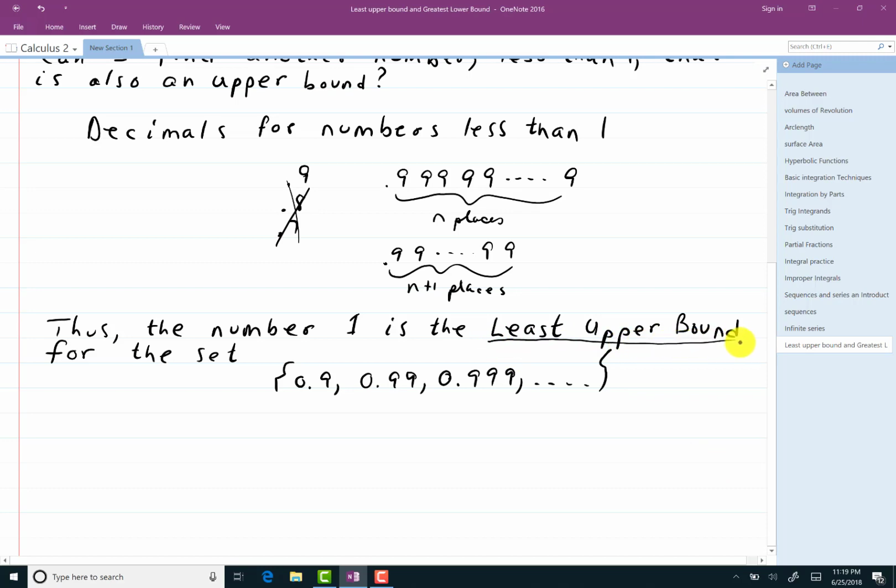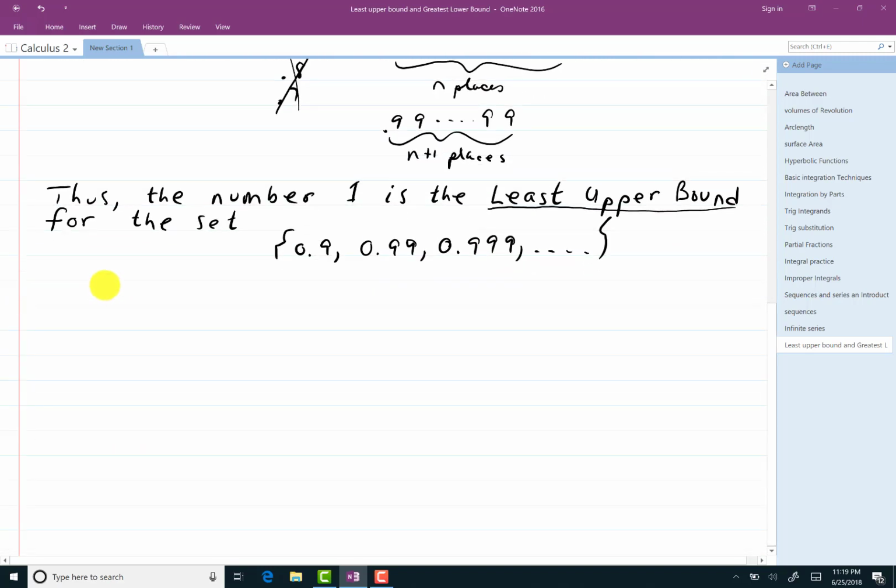So let me define some things, and then we'll go on with this. You might have remembered also that this here, 1, happens to be the limit of this particular sequence of numbers. In fact, remember, one of the ways you wrote this was 9 times 10 to the negative 1, plus 9 times 10 to the negative 2, or what looked like this, the sum k equals 1 to infinity of 9 times 10 to the negative k.